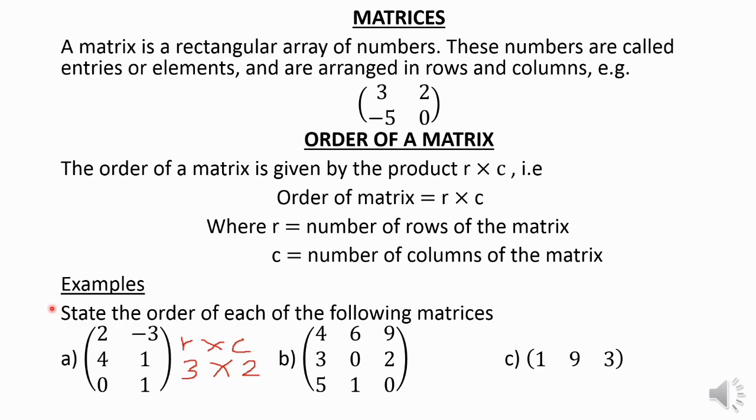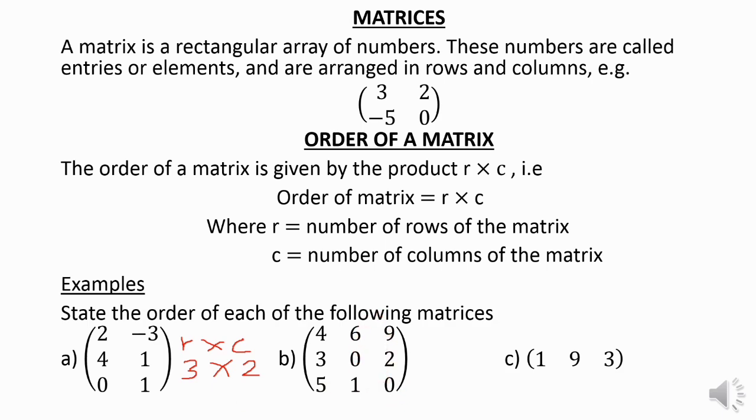If we go to the second matrix here, this matrix has 3 rows and 3 columns. The number of rows are 1, 2 and 3, and the number of columns are 1, 2 and 3.